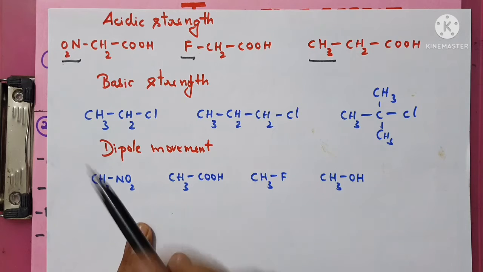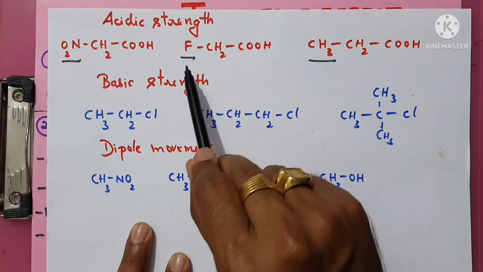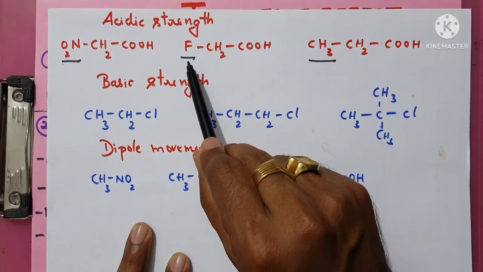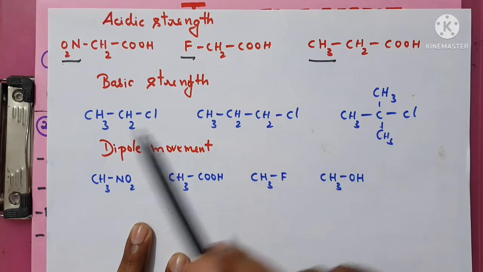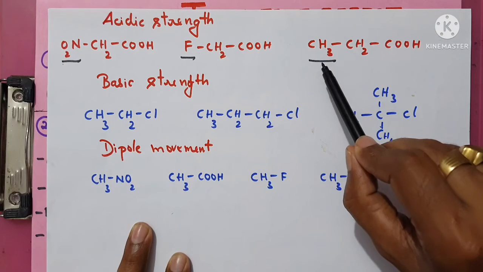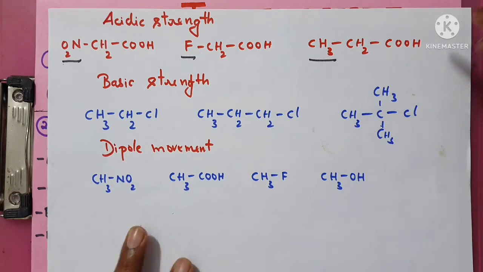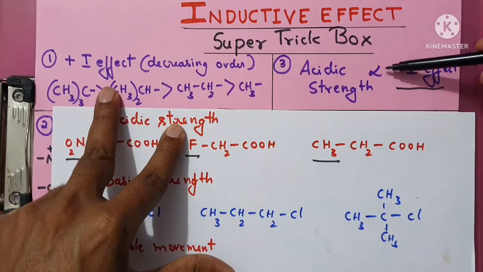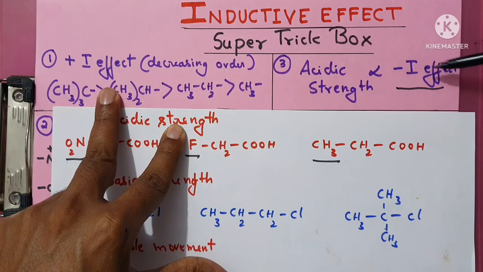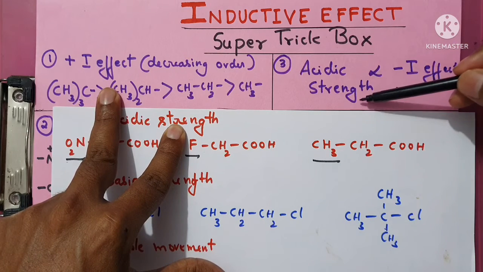NO2 group and F group both show minus I effect, whereas CH3 will show a plus I effect. I just told you that acidic strength is directly proportional to minus I effect.